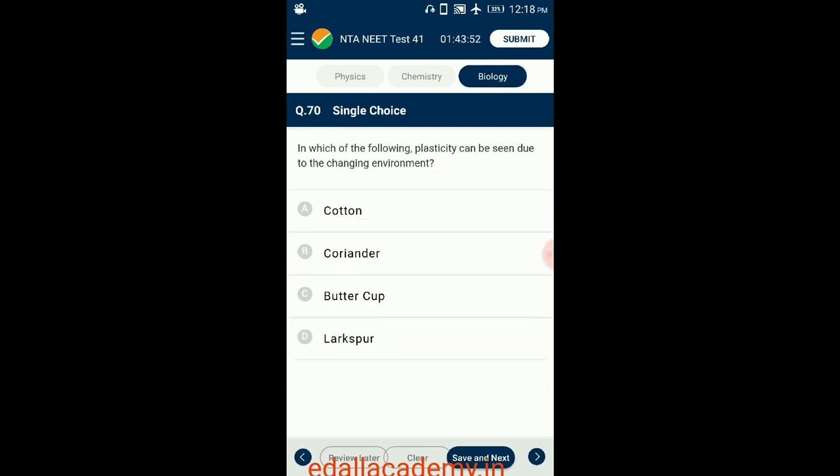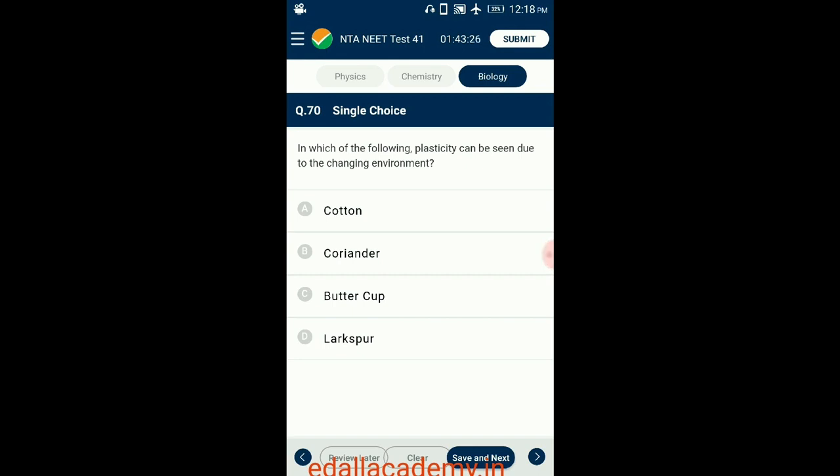Question number 70. In which of the following can plasticity be seen due to the changing environment? Plants follow different pathways in response to environment or phases of life to form different kinds of structures. This ability is called plasticity. Example, heterophylly in cotton, coriander and larkspur.